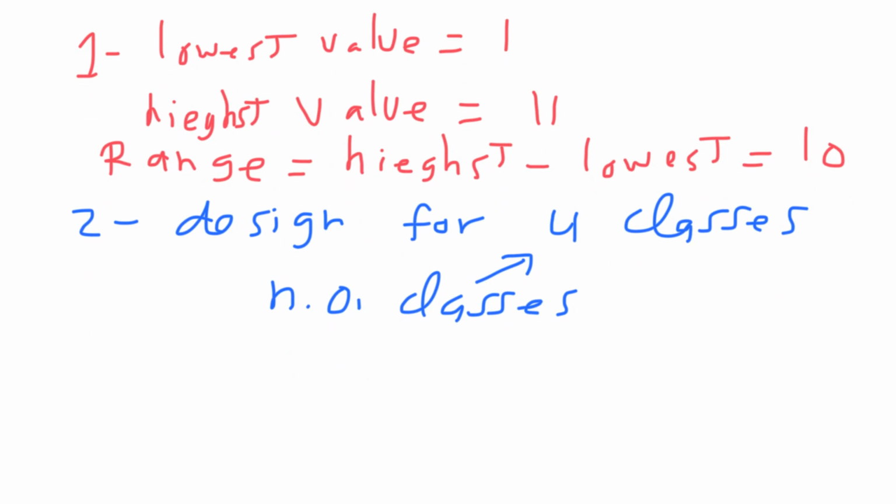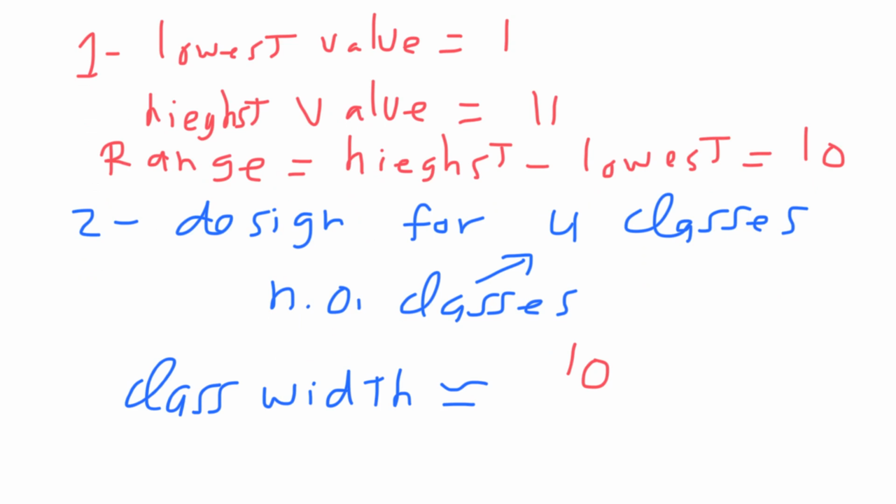So to calculate the class widths approximately, what do you think? The class width is approximately equal to the range, which is 10, divided by the number of classes, which is 4. So that's approximately about 2.5.